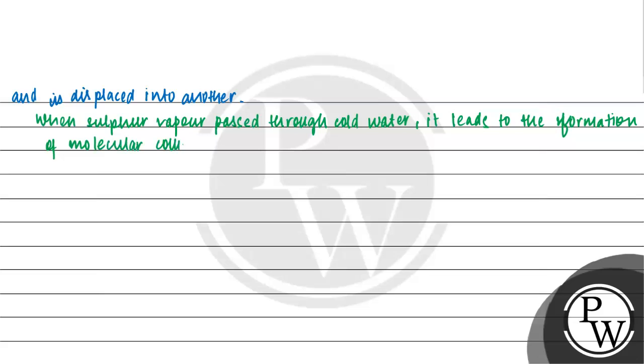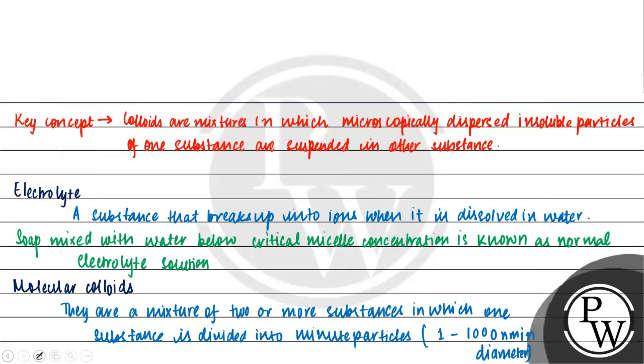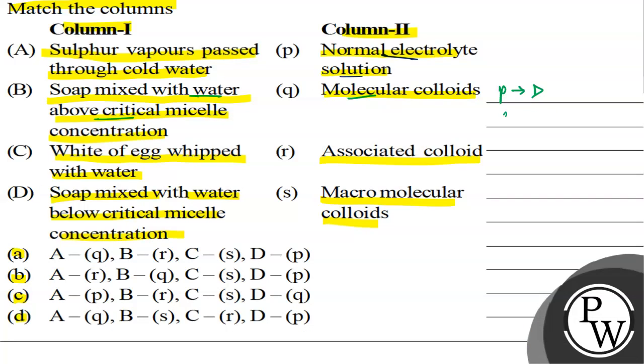Now, if we look into the columns that are given to us, अगर हम देखें तो हमारा जो ऑप्शन Q है, it will match with sulfur vapors pass through cold water, A. Now let us look into the other options.